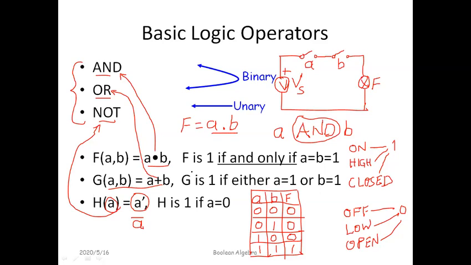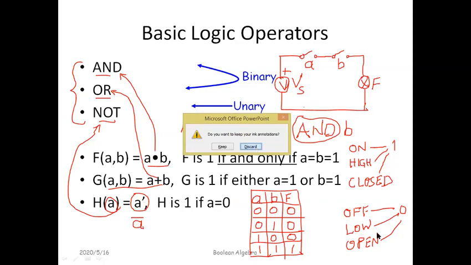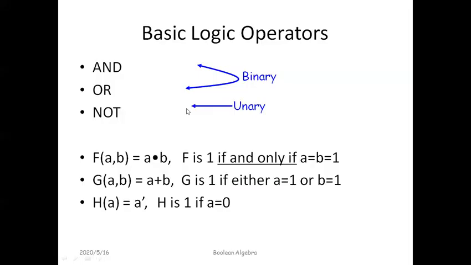Now let's move to the OR operation. We'll also use a basic electric circuit to explain the OR operation. Let's get rid of this writing so that we start all over.